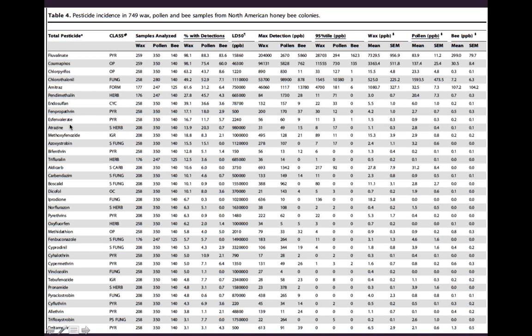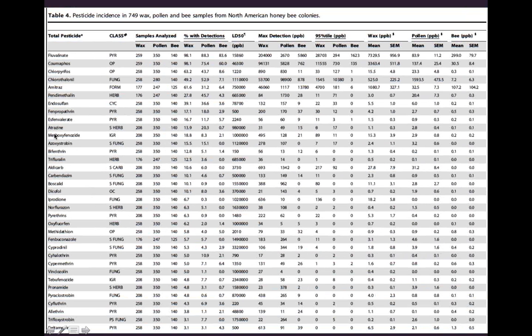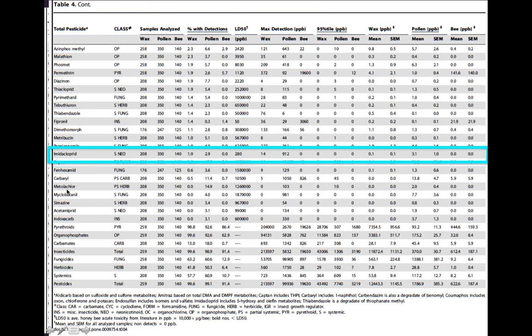But then you can go down the list right here, and it tells you what kind of chemical it is. The table continues. So here we have, I don't know, 3-4 dozen chemicals, and then it goes down even further, and you start seeing that imidacloprid, the systemic neonicotinoid, is not in the top chemicals found in wax or nectar or pollen.